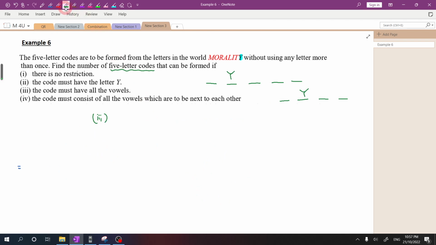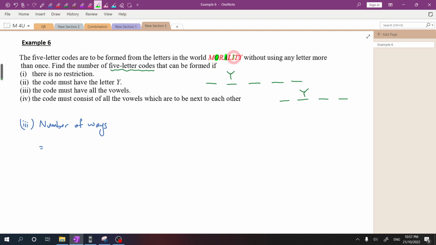Now let's go to part 3. The code must have all the vowels A, E, I, O, U. Okay, let me choose the vowels first. So how many vowels do we have here?